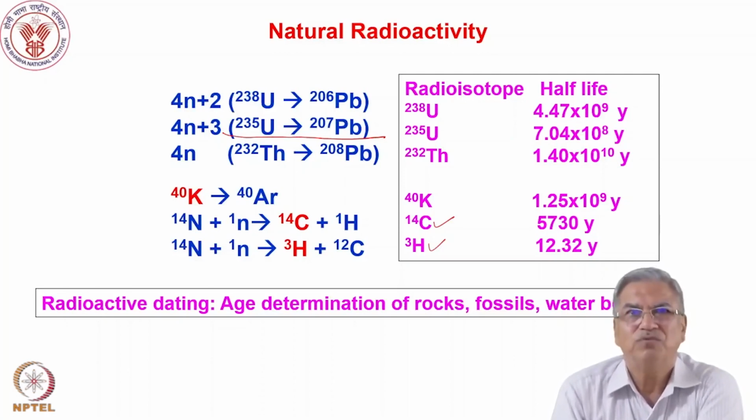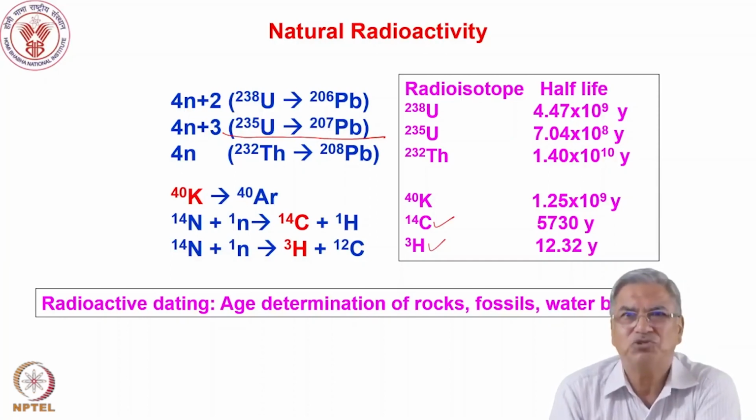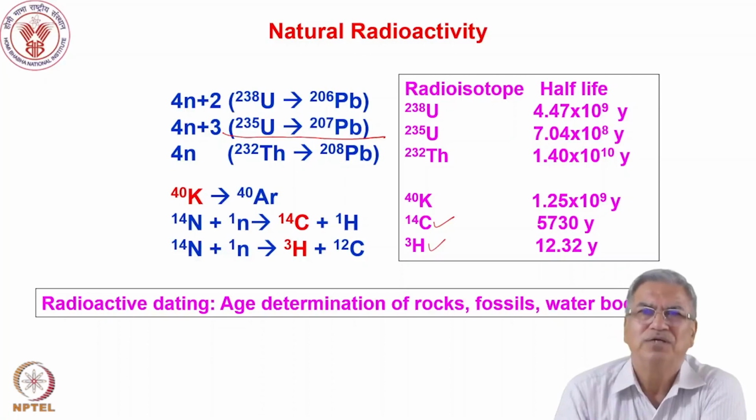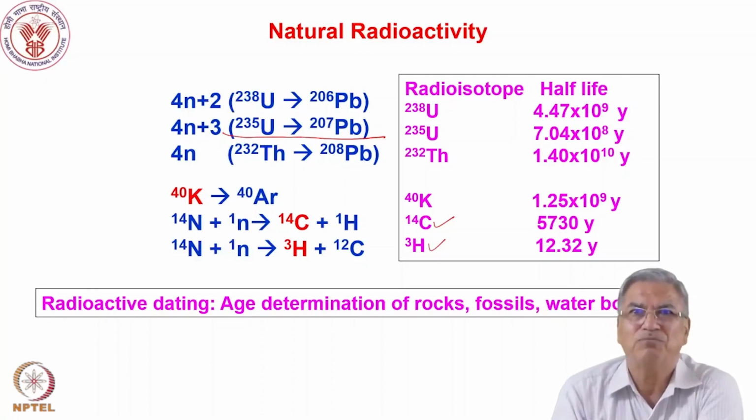While we say radioactivity is harmful, if you measure our body's radioactivity, you will have potassium 40. Our body contains potassium, carbon, and hydrogen, and therefore these three isotopes are present in our body also, but we don't suffer any harm due to these radiations.